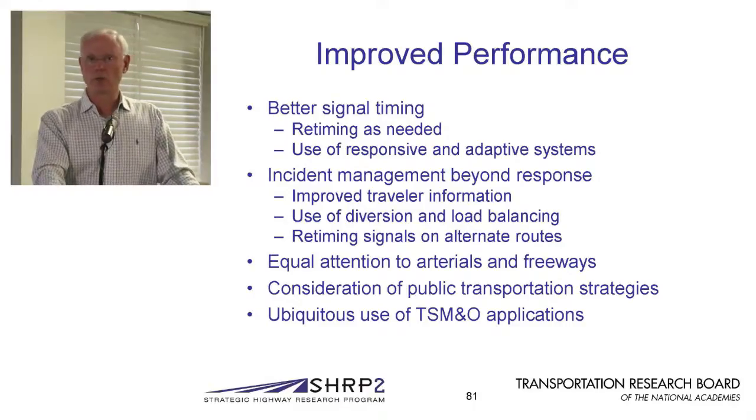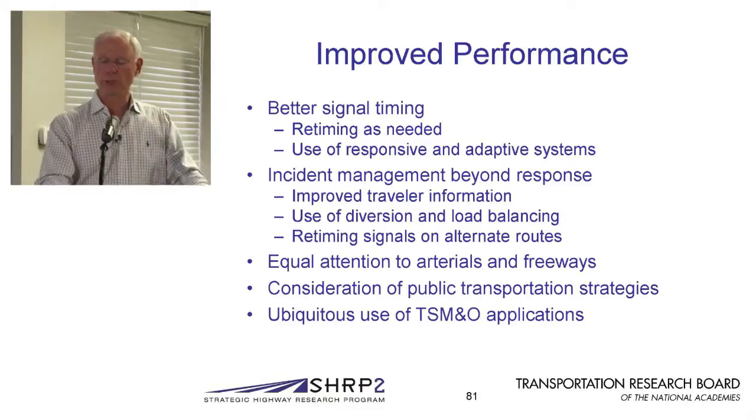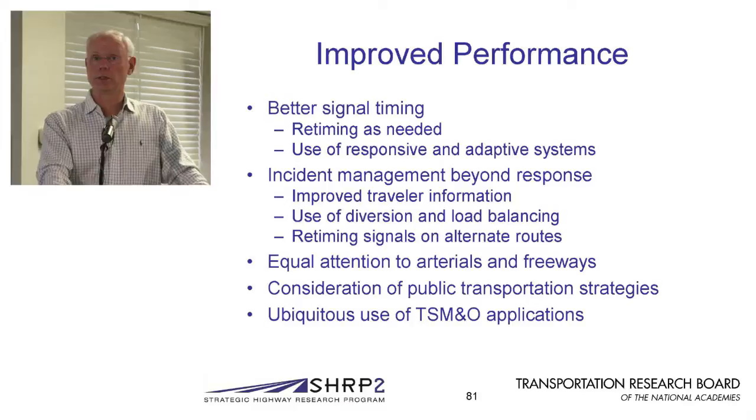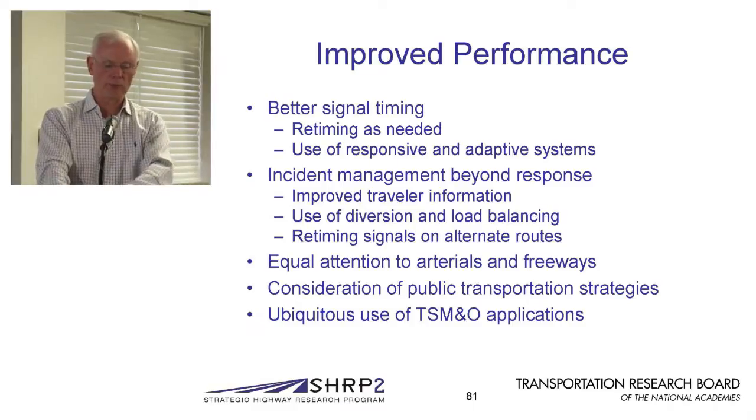And there's a lot of different ways to do that. This slide suggests a few ways of doing that. Focusing on keeping our signal timing as responsive as we can to current conditions, perhaps through the use of adaptive type control systems. We can do a better job of managing incidents, a lot of focus, rightfully, on the subject of quick clearance and getting incidents off the road so that normal operations can be restored.